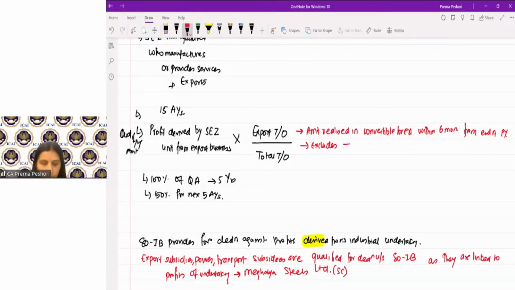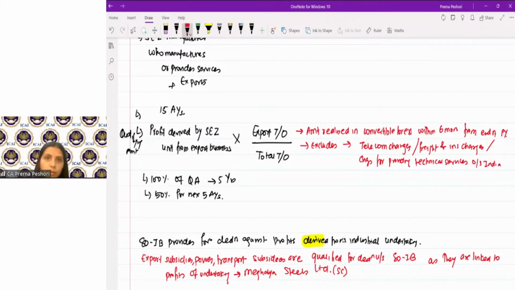Export turnover excludes telecom charges, freight and insurance charges, and charges for providing technical services outside India. So export turnover and total turnover both exclude these amounts.